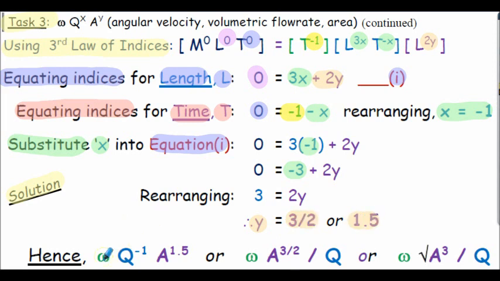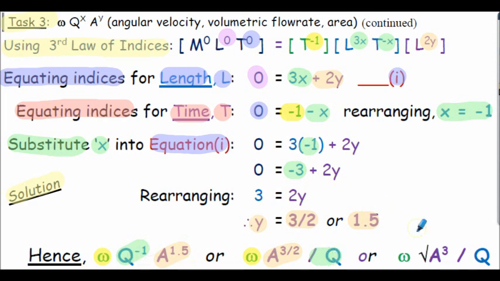So we can now write the expression as omega q to the power of x, x is -1, a to the power of 1.5. Just note a slight variation here. I could write that as omega a to the power of 3 divided by 2 and divide by q, as q to the -1 means it's reciprocal.